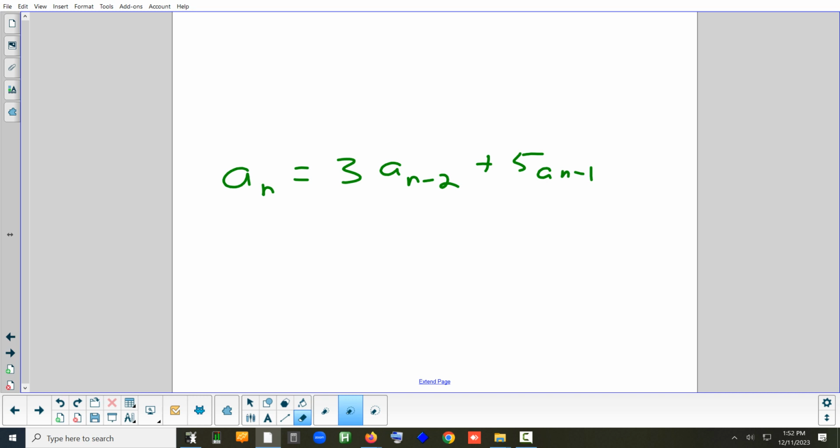I messed that up a little bit. That would be a little complicated to figure out, so we're not going to do anything that complicated. So this says take triple the one that comes 2 before it, and then add 5 times what comes right before it. Probably not going to be easy to convert that to explicit.